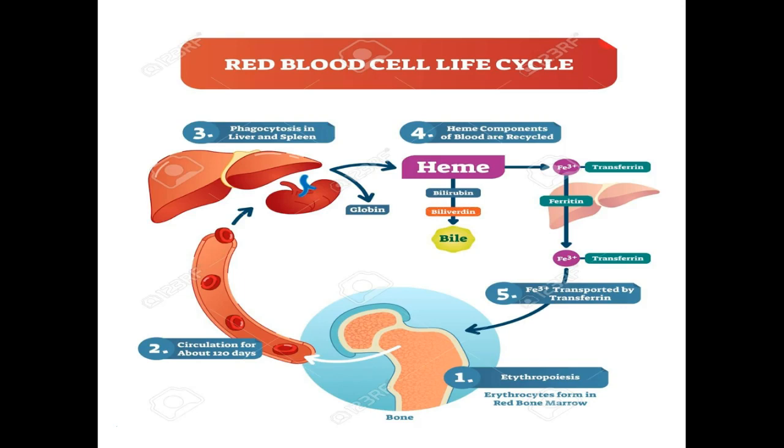So circulating, and what actually kills them, the phagocytosis, takes place between the liver and the spleen. And one of the reasons why we say between the liver and the spleen is because the liver will then recycle the heme. The globin part, which is a plasma protein, can also get recycled.